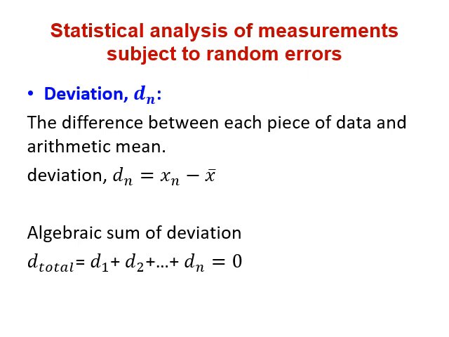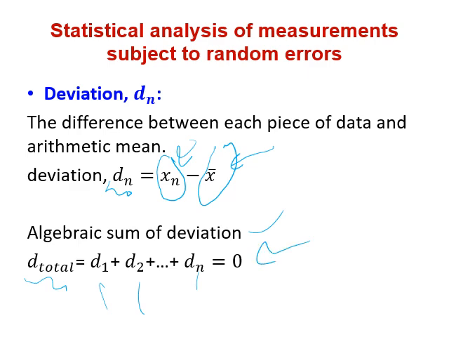The deviation is equal to xn minus x prime, where xn is one of the data in the measurement, and x prime is the mean. And the algebraic sum of deviations, d total, equal to d1 plus d2 plus d3, is always supposed to be 0. Always the total of deviation equals 0.